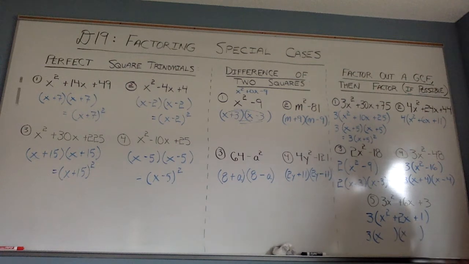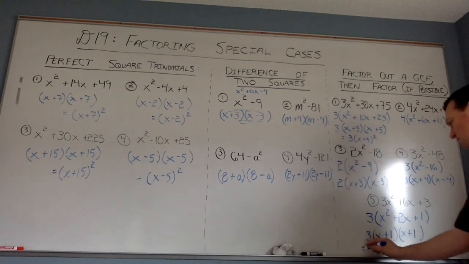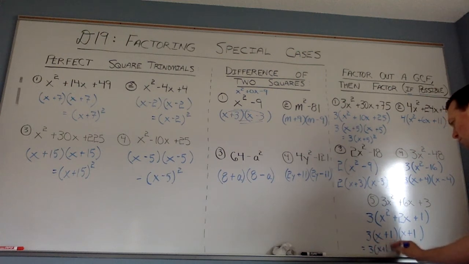Can I find two numbers that multiply to make 1 and add to make 2? I think 1 times 1 is 1, and 1 plus 1 is 2. So if you'd like, feel free to write it as 3 times x plus 1 squared.